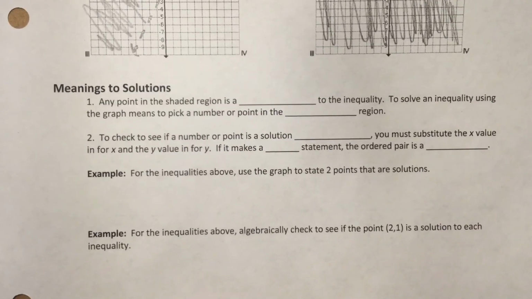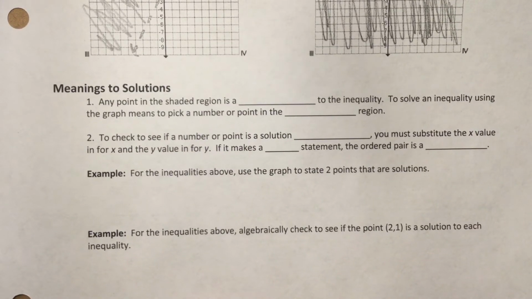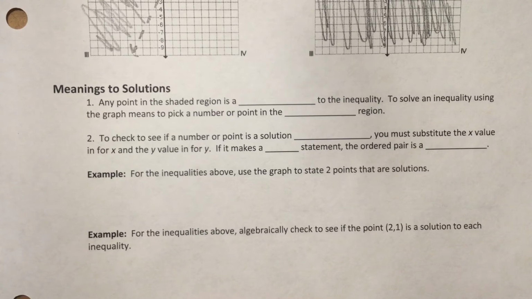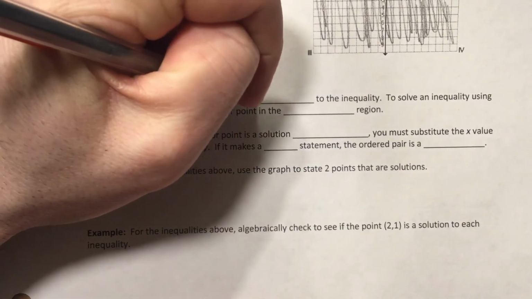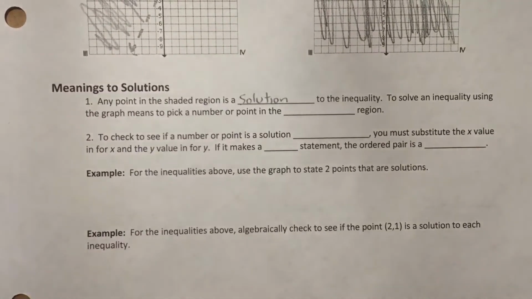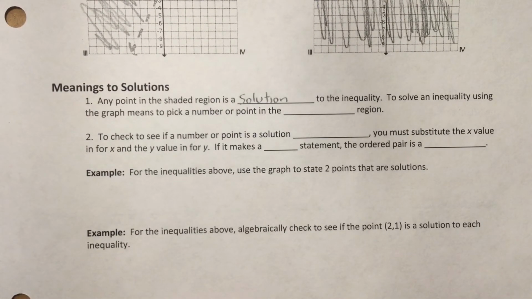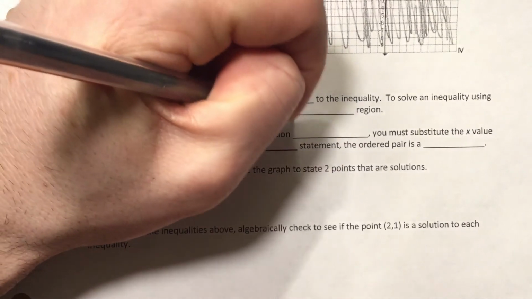All right, and then last thing we want to look at is the meaning of solutions. Any point in the shaded region is a solution to the inequality. To solve an inequality using the graph means to pick a number or point in the shaded region.